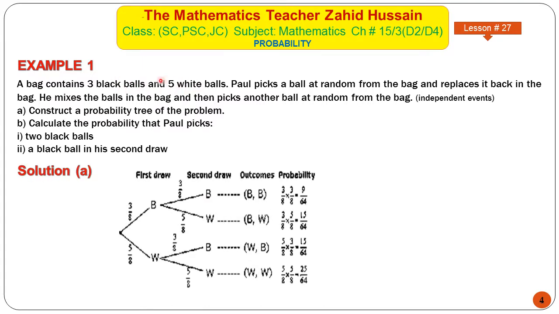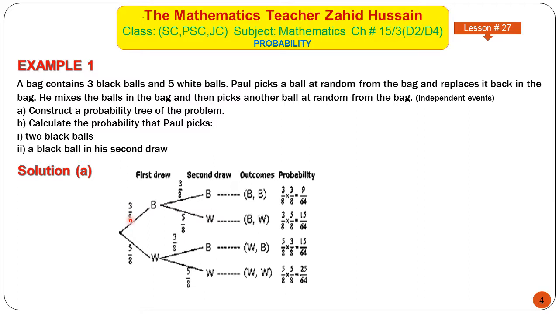So we will draw the probability diagram. This is the first event, black ball and white ball. The probability of a black ball is 3 by 8 and the probability of a white ball is 5 by 8, because there are 5 white and 3 black balls. Now this is the second draw. After picking the first ball, that ball is replaced.